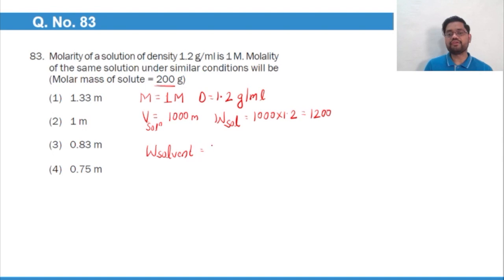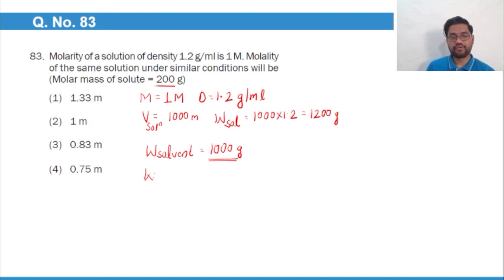Can I take the weight of solvent as 1000 grams? Because solution volume is 1000, so volume of solvent will be 1000. So 1000 into 1 gram per cc, that is the density of water, so that is 1000 grams.